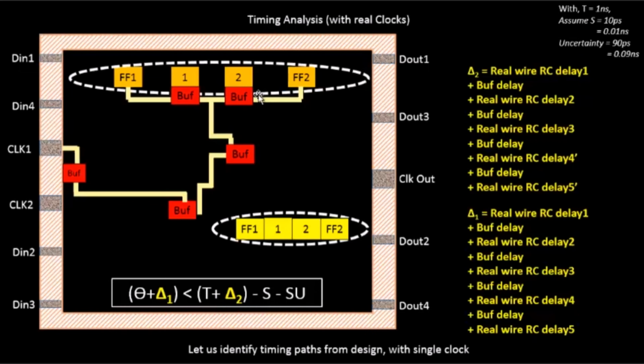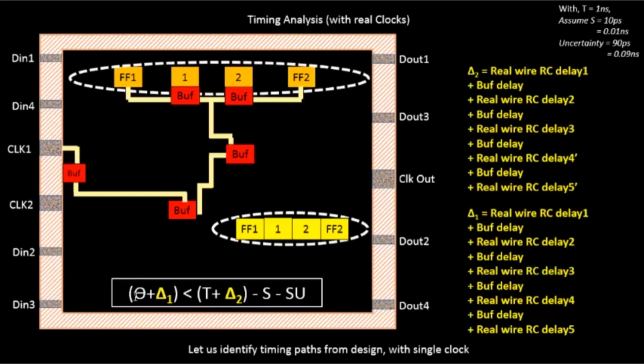And in the combinational delay path, you have the clock to Q delay of flip-flop 1. You have the estimated wire delay, it's not the real wire delay, it's the estimated wire delay. You have the delay of this particular logic 1, an estimated wire delay between 1 and 2, the delay of logic 2, and the estimated wire delay between logic 2 and flip-flop 2.